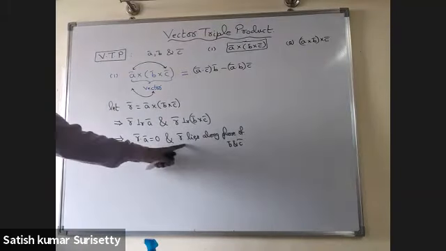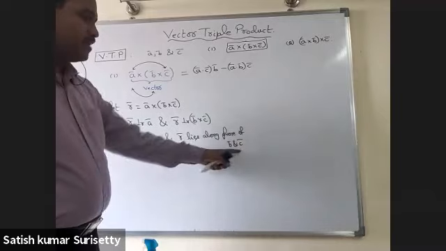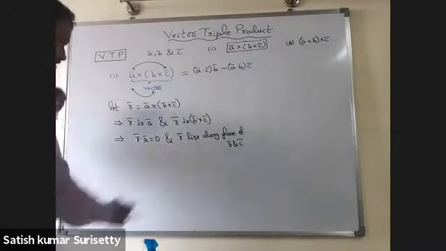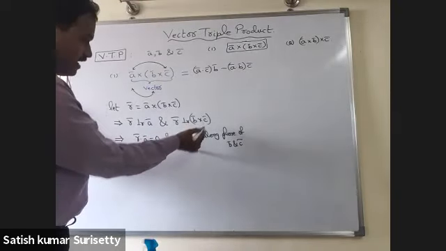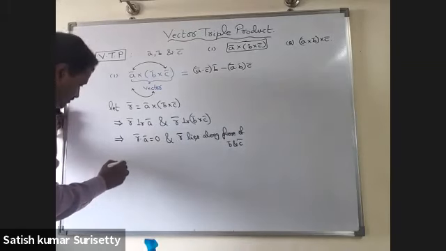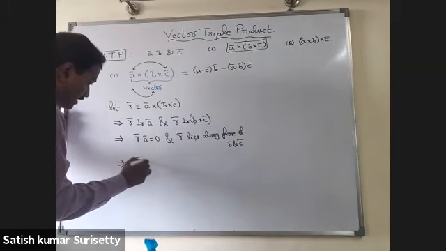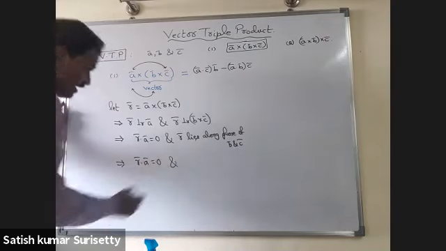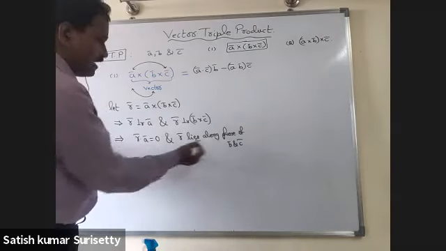That is, R bar lies along the plane containing B bar and C bar. Indirectly we can say that R bar, B bar, C bar are coplanar. So R bar dot A bar equals 0 and R bar, B bar, C bar are coplanar.